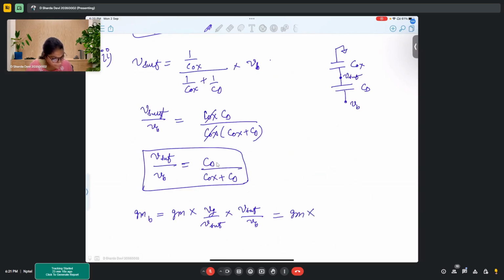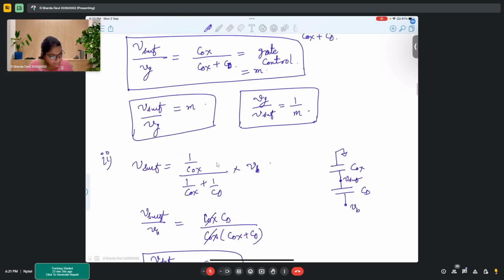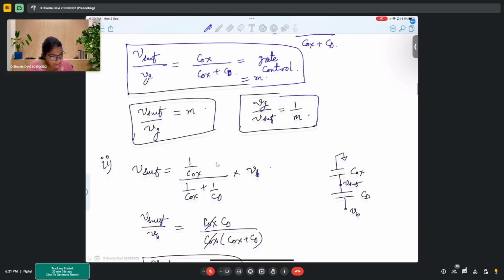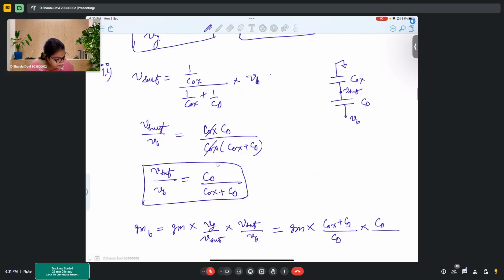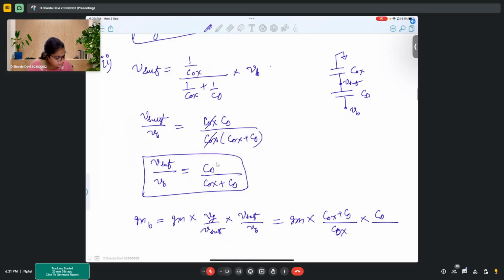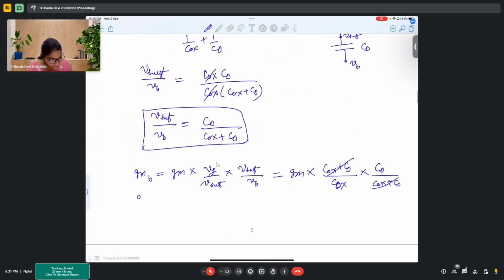So that is GM into 1 by n, 1 by n being Cox plus Cd upon Cox, into Cd upon Cox plus Cd. So GMB is GM times Cd upon Cox. Okay, so this is Cd upon Cox GM.